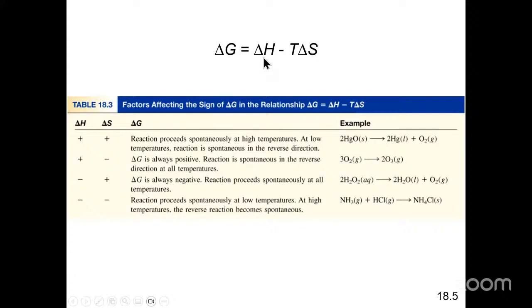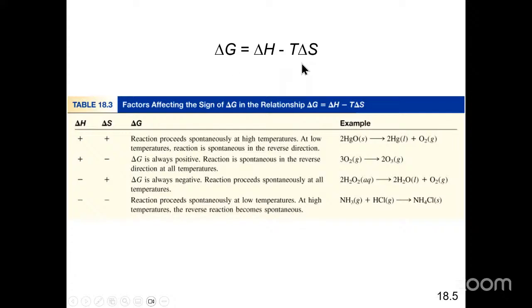Now, if delta H is positive, remember now, delta G is equal to delta H minus T delta S. So if delta H is positive and delta S is positive, the question now becomes, okay, based on those two facts, can you make a prediction as to whether or not delta G would be positive or negative? And the answer is, it depends. And what do I mean by it depends? It depends on the temperature.